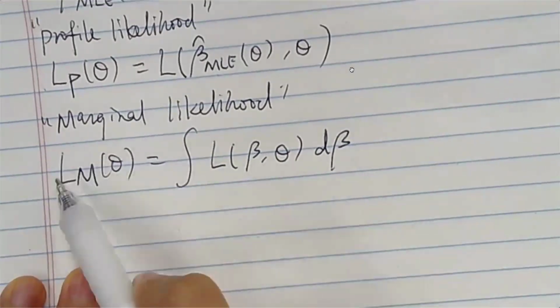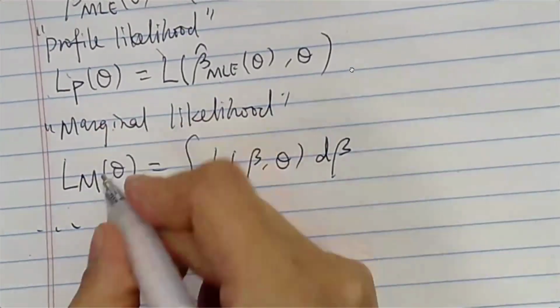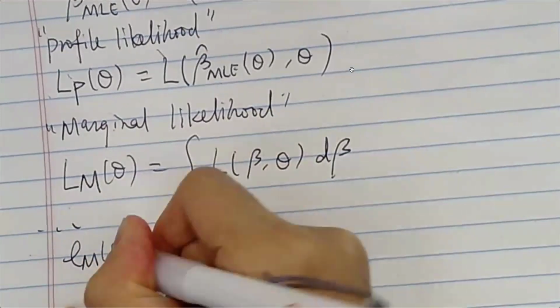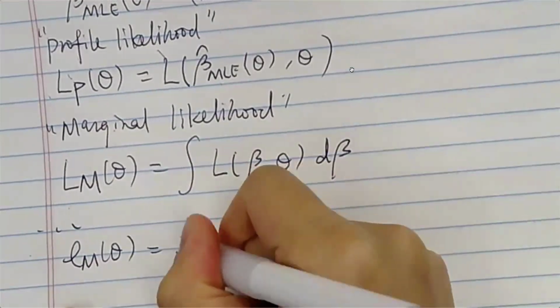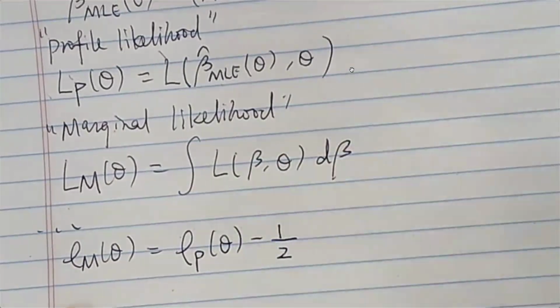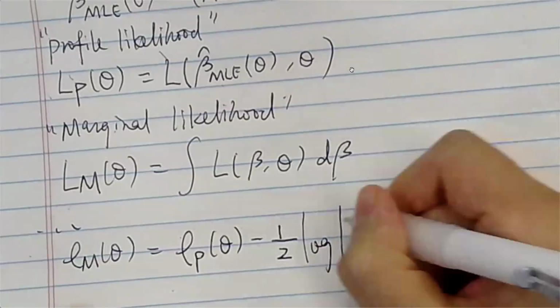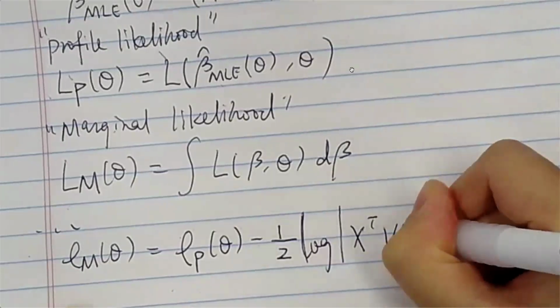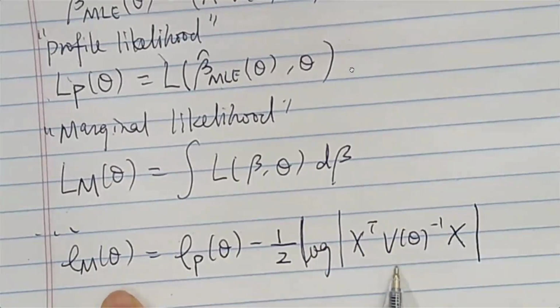So let's say we have the log marginal likelihood and log profile likelihood, and their relationship is that the log marginal likelihood of theta can be shown as the log profile likelihood of theta minus 1/2 log of this determinant, log of X transpose V theta inverse X. So you have this additional term in the log marginal likelihood, but not in the log profile likelihood.